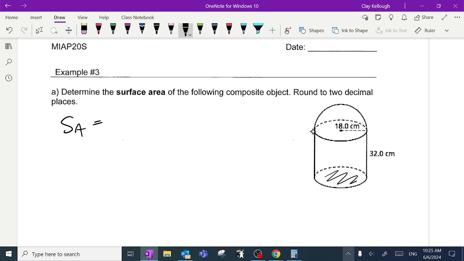There is no circle between these two objects, between the hemisphere and the cylinder, because it's not part of the outside surface. So it's one circle. Then there's the outside part, which is 2 pi RH. And then there's the dome part, and the dome part is 2 pi r squared.